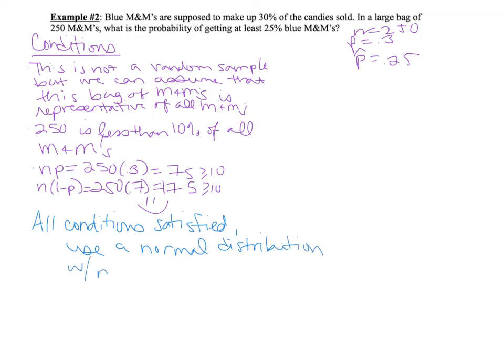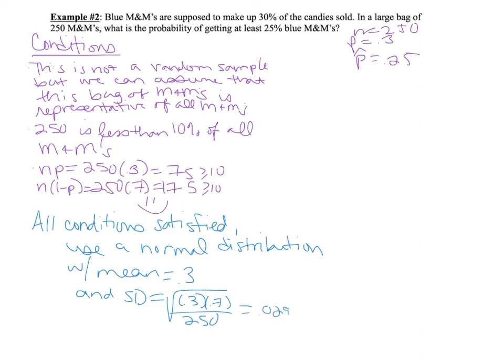with a mean of that population proportion 0.3 and a standard deviation of the square root of 0.3 times 0.7 over my N, which is 250, and that gives me 0.029.